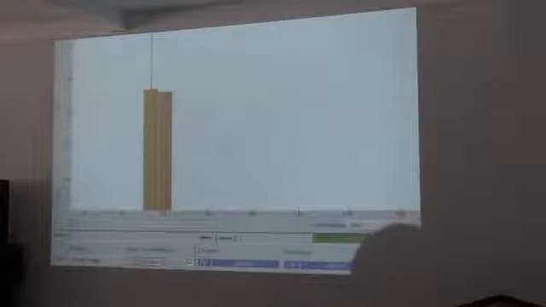So this means that this analyzer is not very accurate when you play frequencies that are not in the list of the bars.